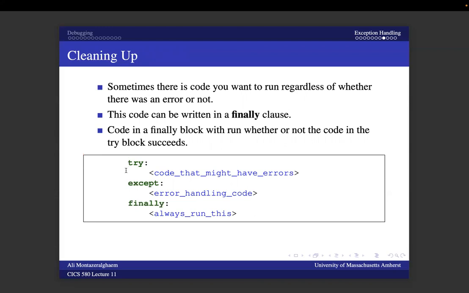After writing the block for the try and then the except, you can have another additional block, which is the finally, and it always runs this code, which means that if we get the error or we didn't get the error, the finally always runs.